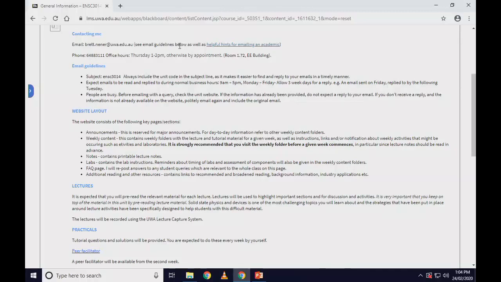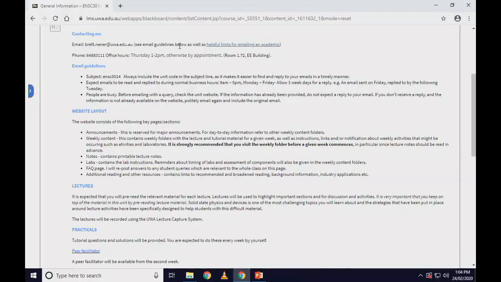All right, now this unit is considered to be very challenging. This unit is not difficult, but it is challenging. It's challenging because it has a lot of material that you haven't seen before. And it's not the sort of unit that you can cram at the end of the semester and magically pass the exam. You will not pass the exam if that's what you try to do.